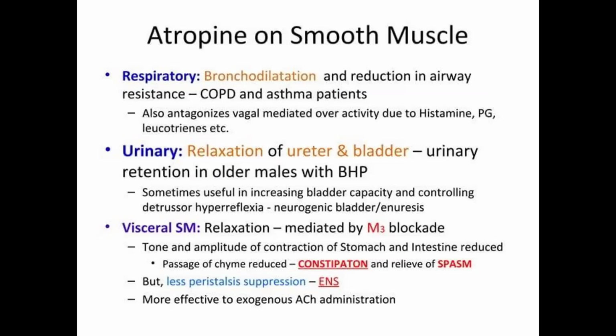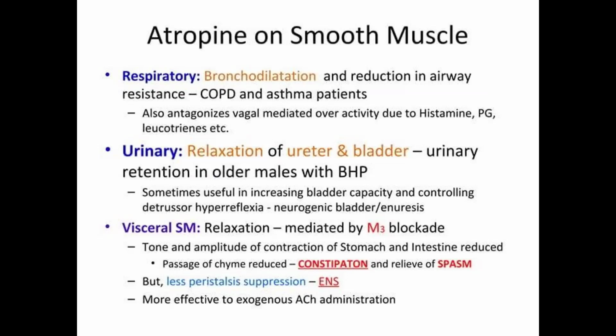It was used earlier, but nowadays we have some inhalation agents like ipratropium. We use them as nebulizers. Since atropine is a very non-selective competitive blocker, we usually don't prefer it. I don't know if we can nebulize atropine also, but if we nebulize it, it has direct excitatory reactions on the heart.